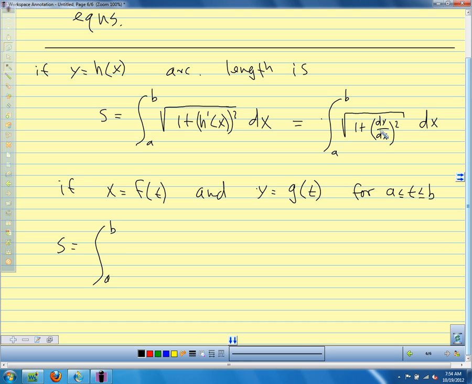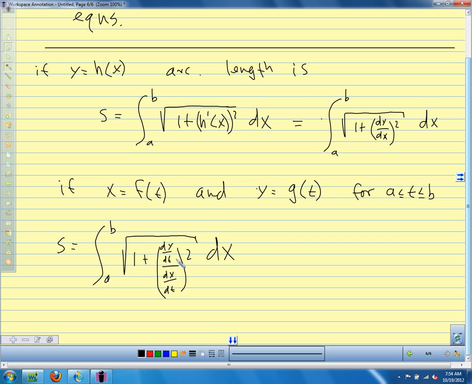We had an expression for dy dx in terms of our parametric equations. This is going to be the square root of 1 plus dy dt over dx dt, squared, dx.